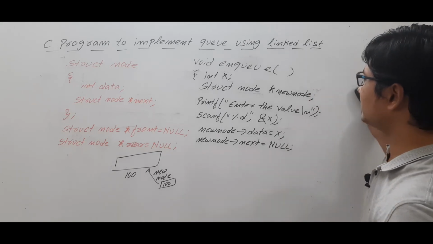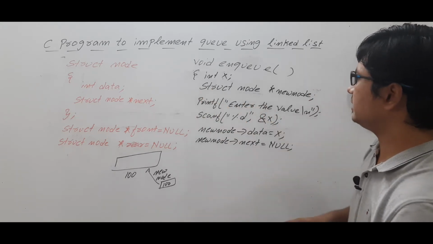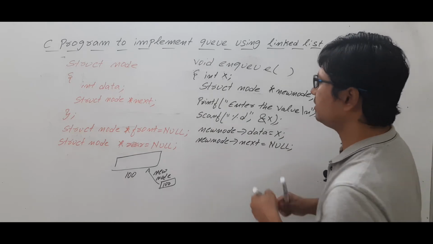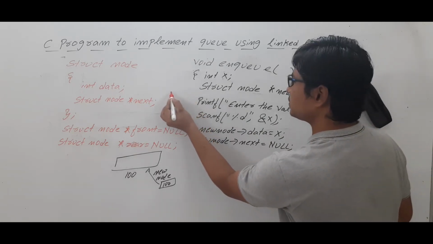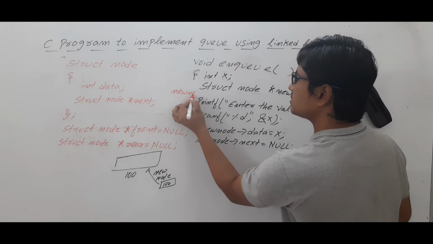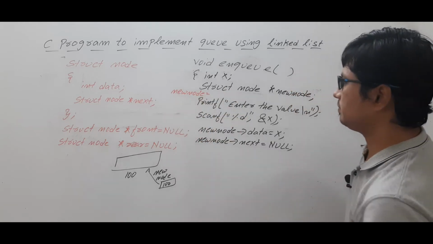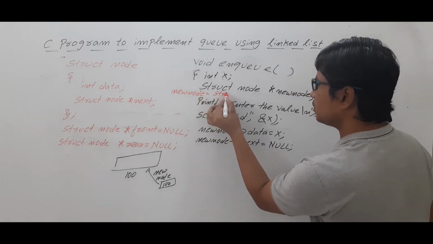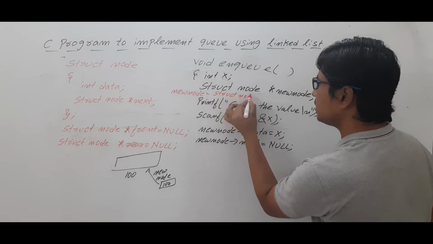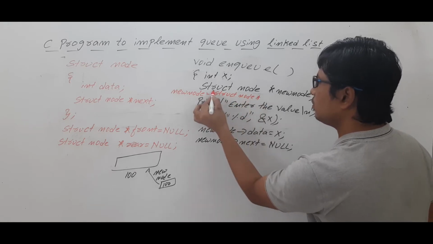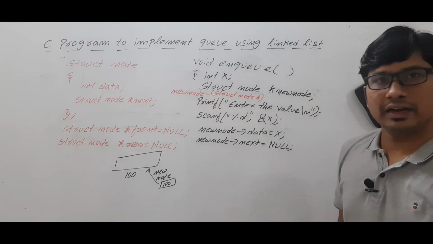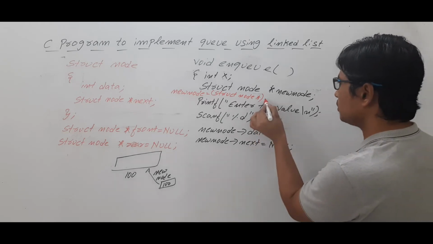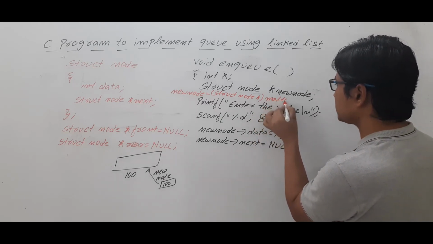Let me write here, so let me use the red pen. I forgot to allocate the memory. So what should I write? New node is equal to struct node star, meaning that the malloc function will return a void pointer, so you have to do the typecasting.